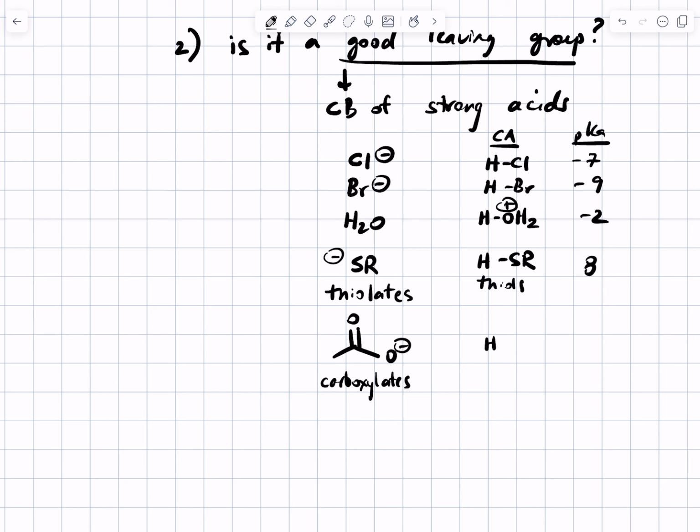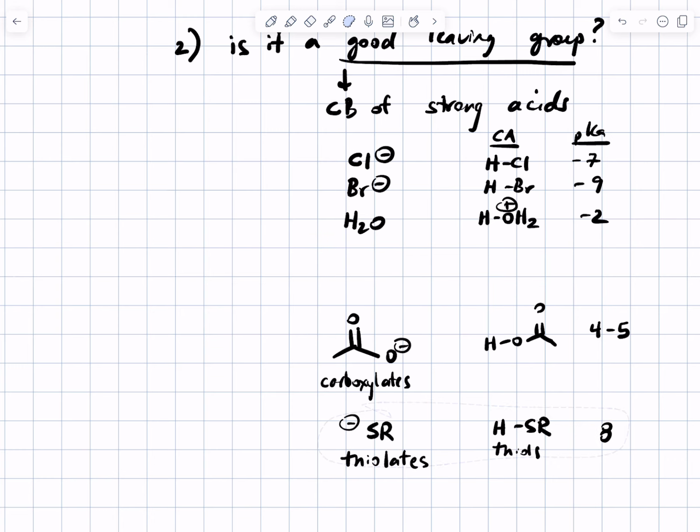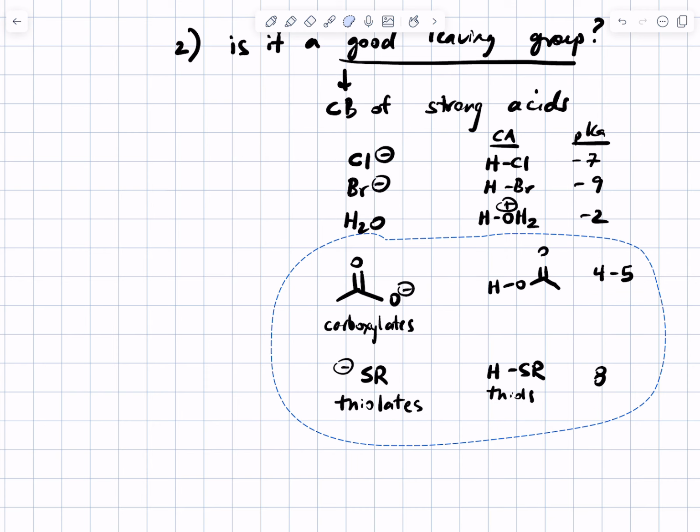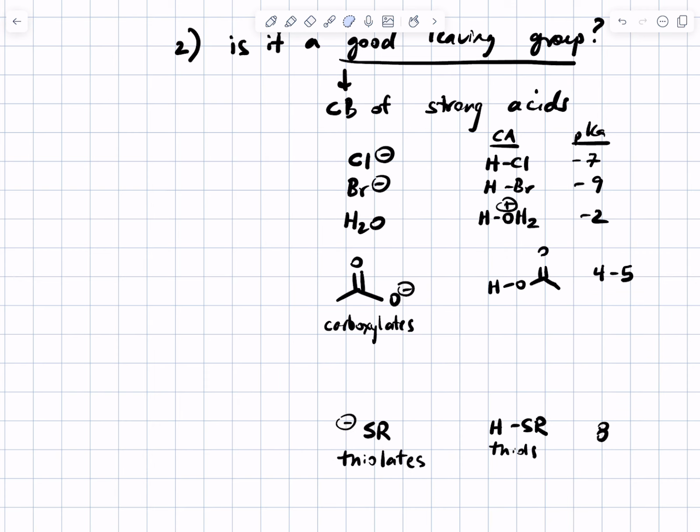These are conjugate bases of carboxylic acids, which you learned about in chapter 2 of 351. These have pKa's in the range of 4 to 5. Something about that is making me want to just put them in order, because that makes me feel better about the world. So there we go.